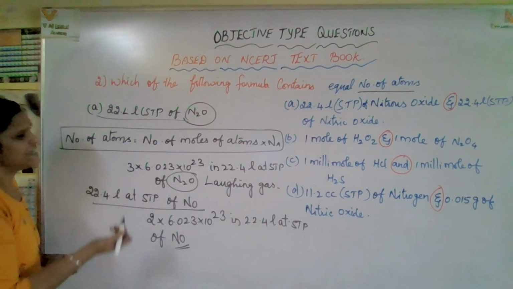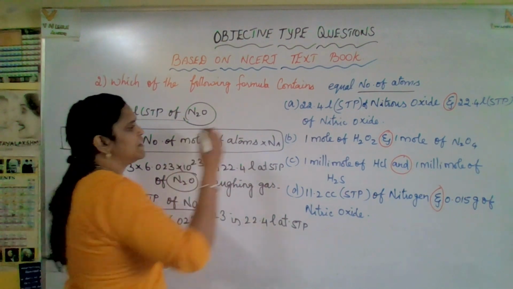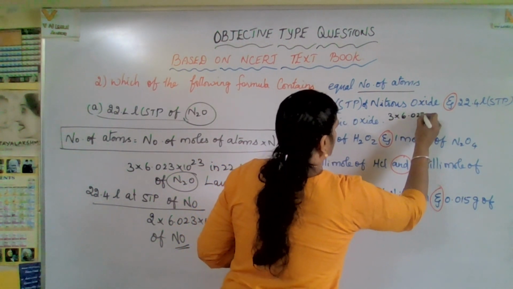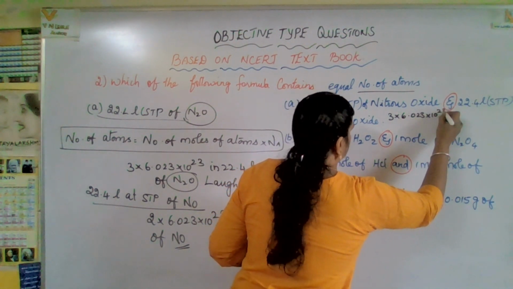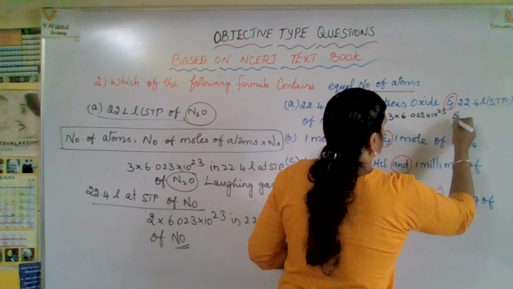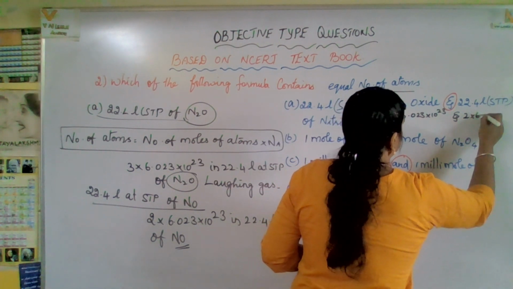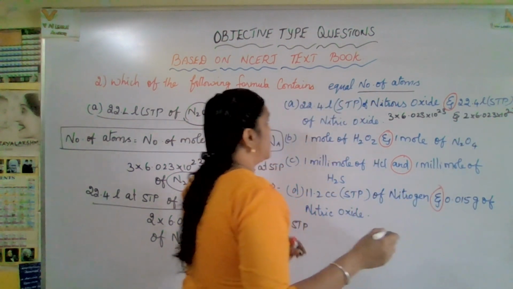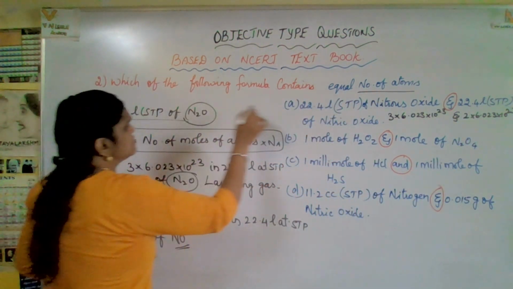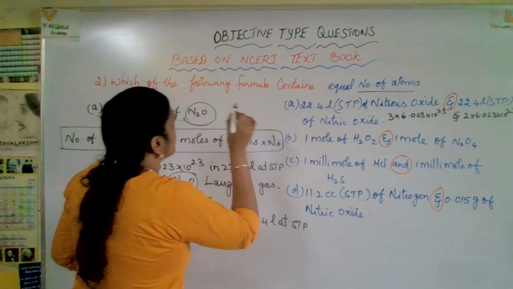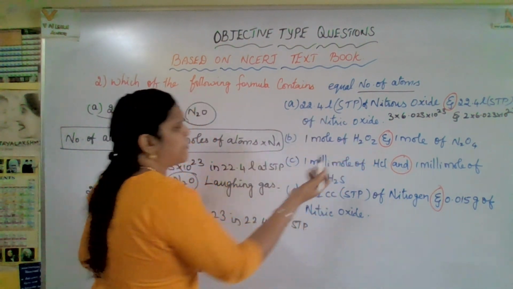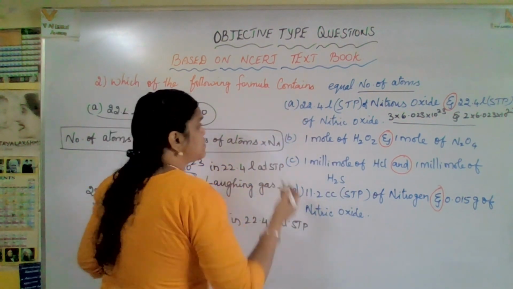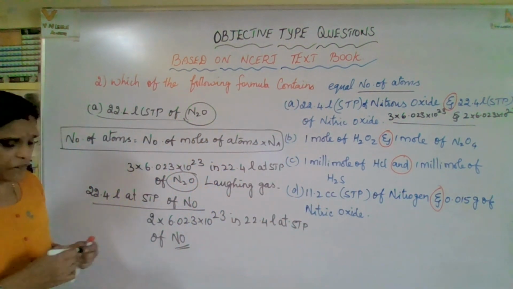Now, what are the points to be noted? 3 × 6.023 × 10^23 and 2 × 6.023 × 10^23. Now, let us check which of the following contains an equal number of atoms. Actually, this is not an equal number of atoms. So let us find out which has an equal number of atoms.